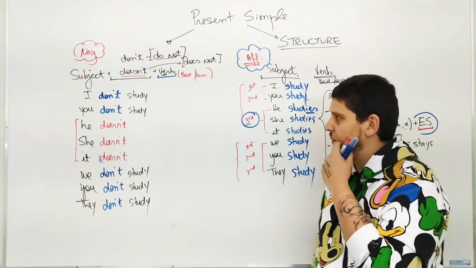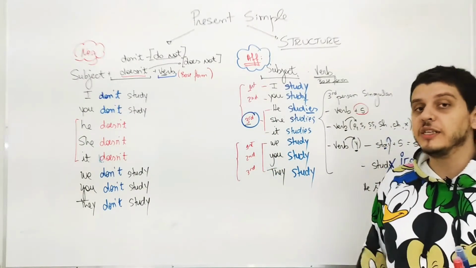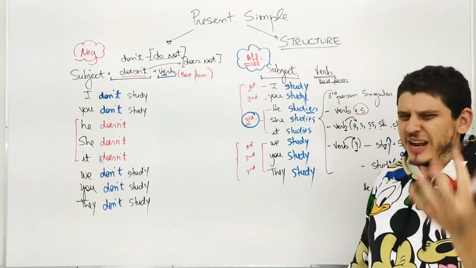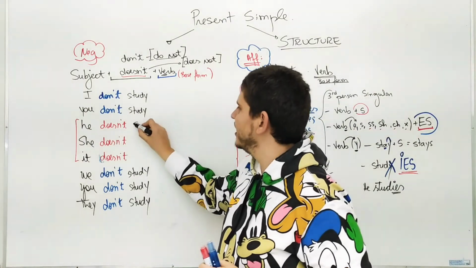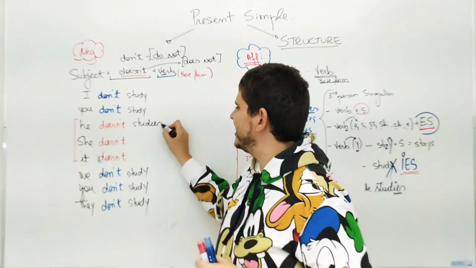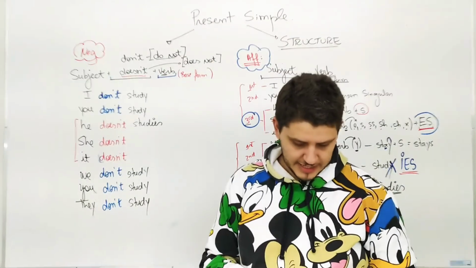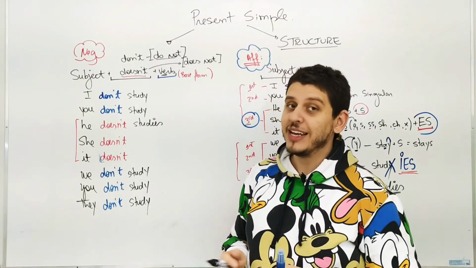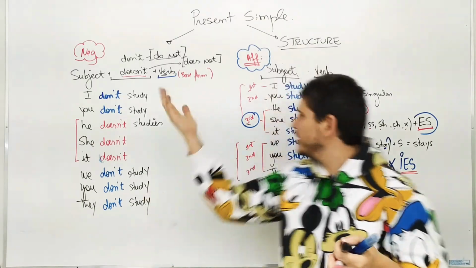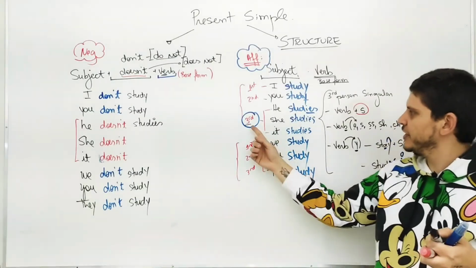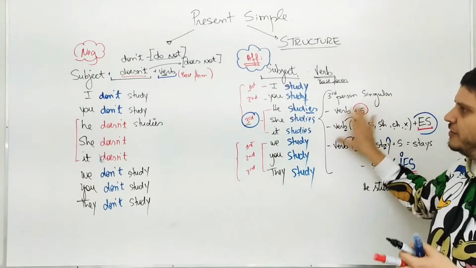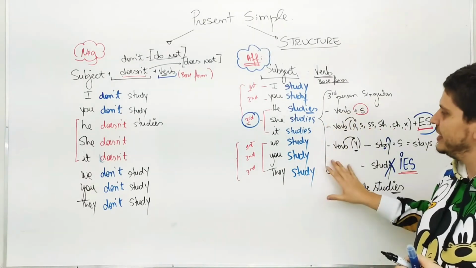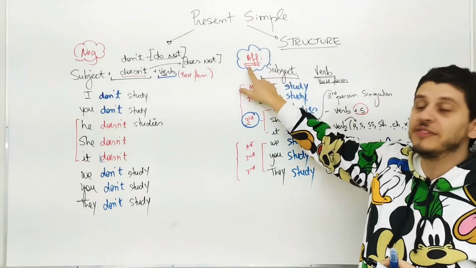But what about here? What happens to the third person singular? Is it correct to say he doesn't, he studies? Is it correct? No, this is not correct. But why, teacher? You told us right now that for the third person singular we need to change the verb. Yeah, but this only happens in the affirmative.